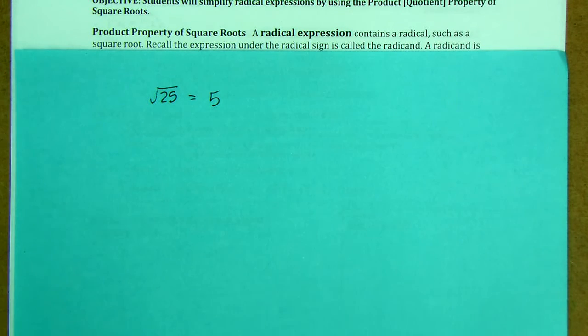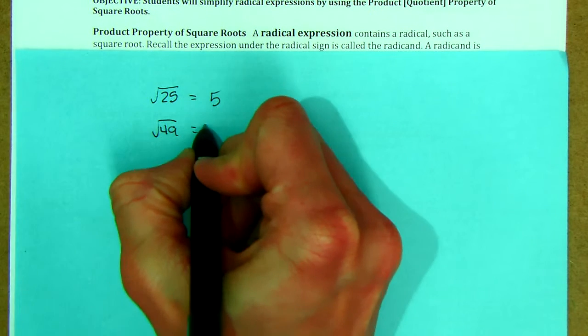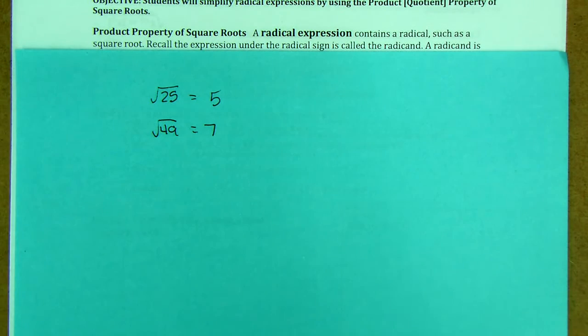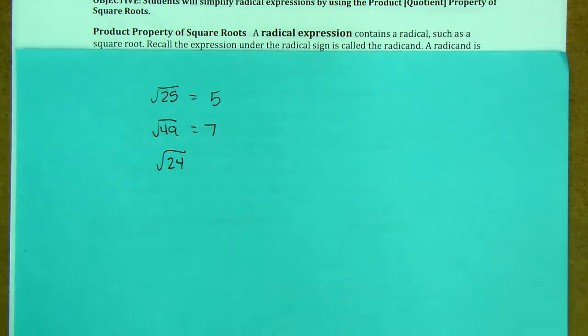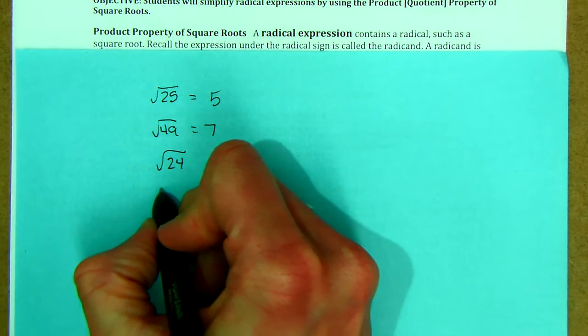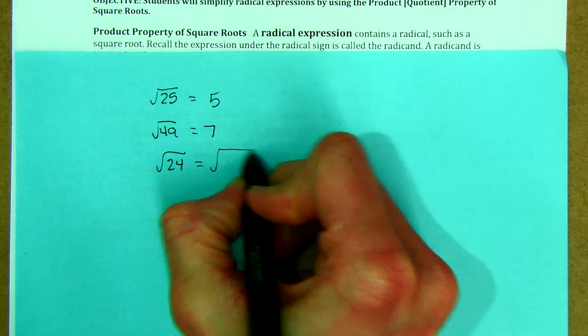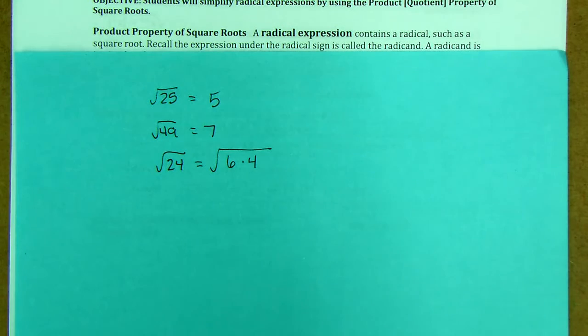However, if it's not a perfect square, so let's say the square root of 24. 24 is not a perfect square. But check this out. The square root of 24 is the same thing as the square root of 6 times 4, because 6 times 4 is 24. And I can say this is the square root of 6 times the square root of 4.